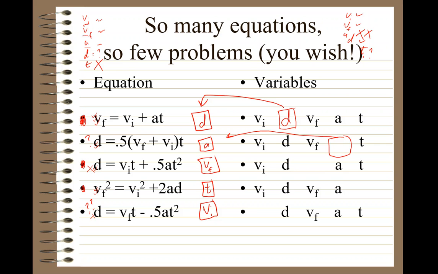I'm going to use the equation that doesn't care about acceleration, which is the second one. That's the d is equal to 1/2 vf plus vi t. Nice. Okay. Oh, and this other one over here, this was the VF squared equation, right? VF squared equals VI squared plus 2AD. Very nice. Amaze your friends.